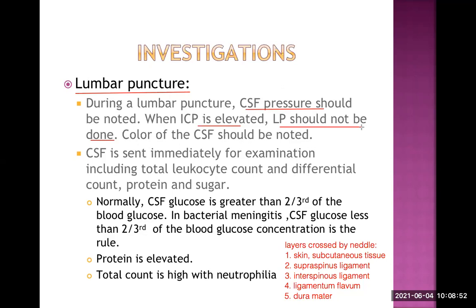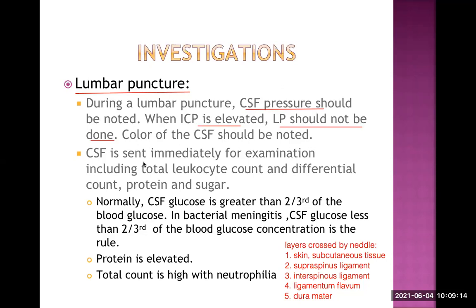So why take that chance? I can diagnose meningitis even without going for lumbar puncture because of other things. And at last, if I cannot diagnose, I can start antibiotics just under suspicion. That point is always there. So don't take any chance if you are in doubt.